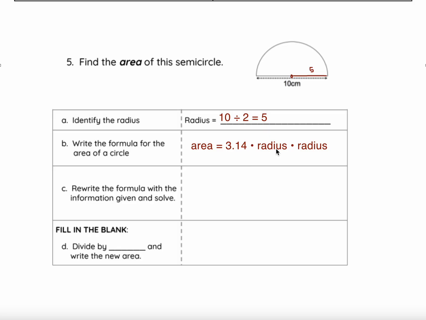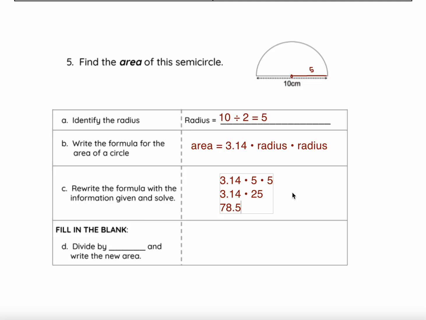So instead of writing the radius, we'll write 5 instead. So let's do 3.14 times 5 times 5. And we could rewrite this as 3.14 times 25. 5 times 5 is 25. If I put that into my calculator, I get 78.5.